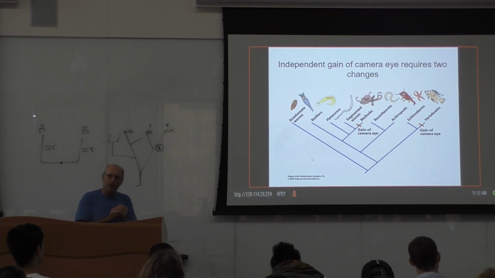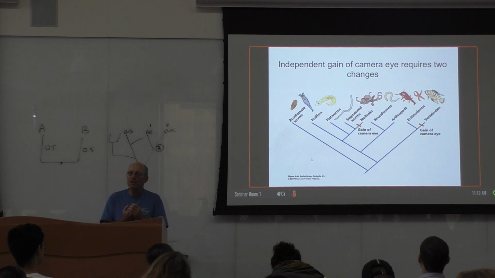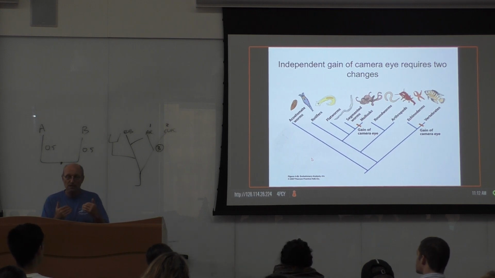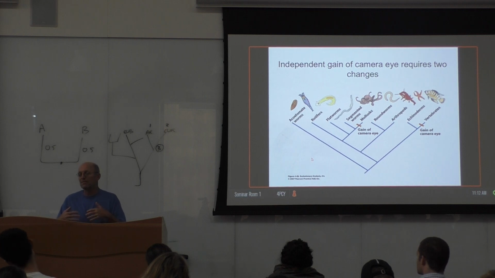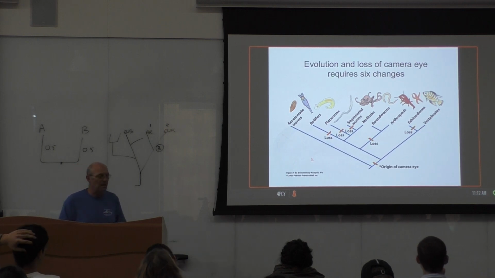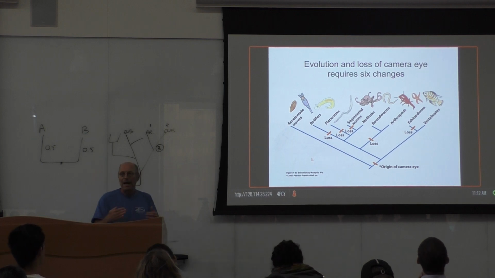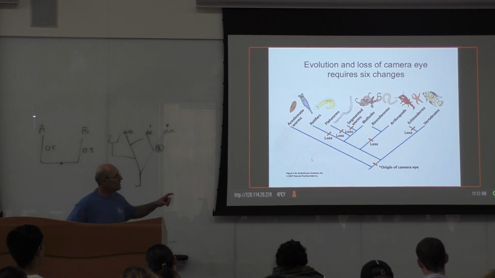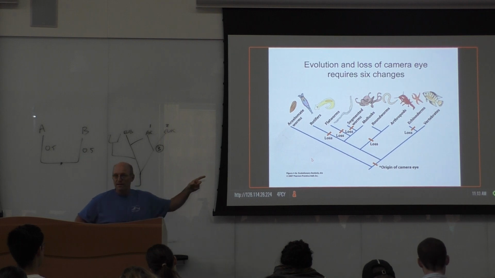But another way of saying it is, well, actually, no, I don't believe this. What I think is, in fact, the eye evolved only once, and then some organisms lost the ability of seeing, they lost that organ. And so if you do that, the origin of the eye is actually at the base of the tree, at the ancestor of both cephalopods and vertebrates, and if you put it there, you need to add a number of losses.